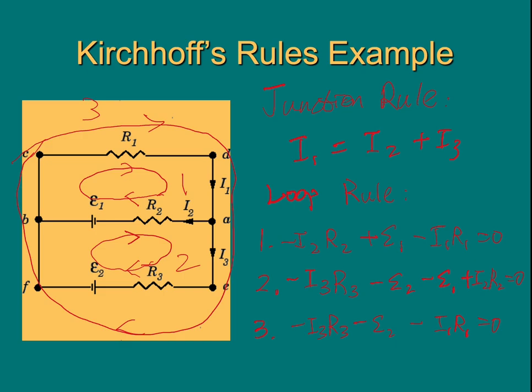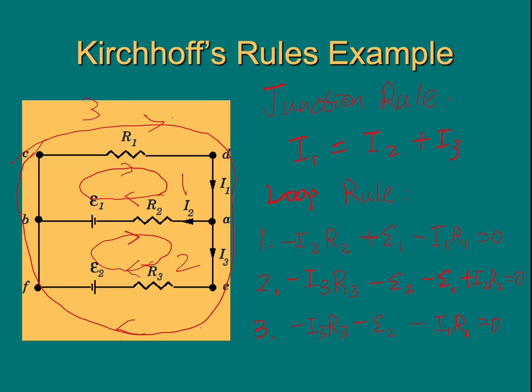I do the same thing. From A for loop 2, from A to E, nothing happens. From E to F, I have a potential drop for R3, which is minus I3 R3. I have a potential drop for epsilon 2, which gives me minus epsilon 2.